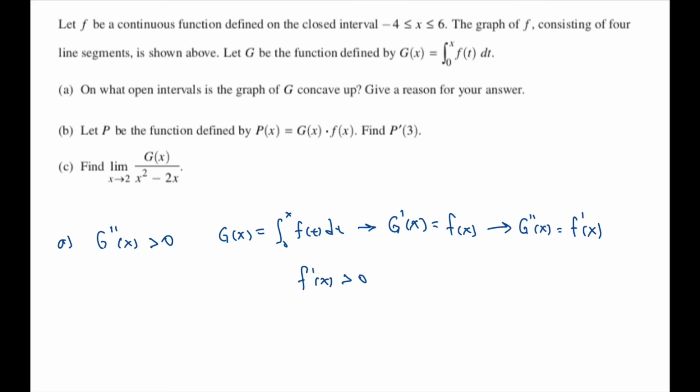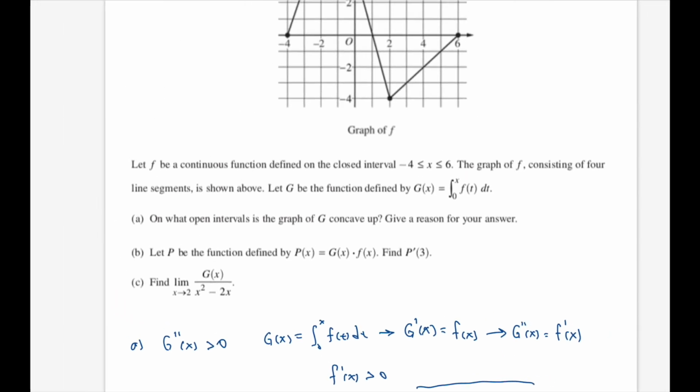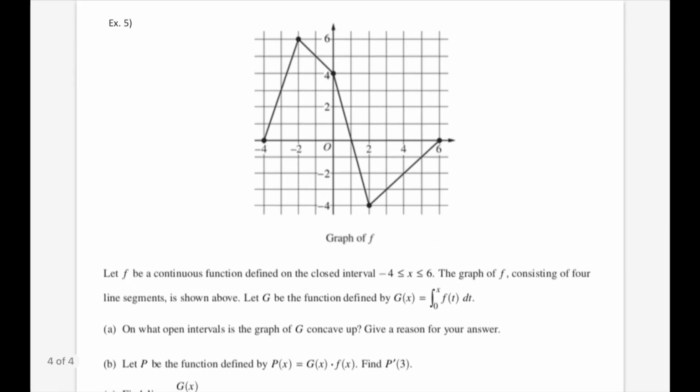If we look back at that graph, I'm going to do my work up here. F prime of x from -4 to -2, our slope is positive. From -2 to 0, our slope is negative.